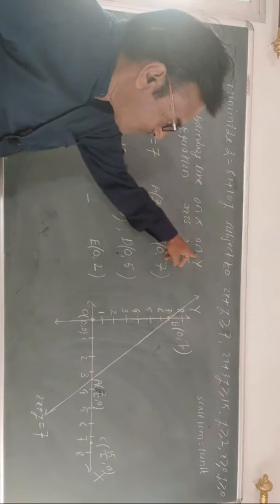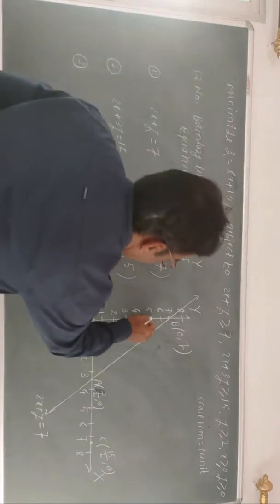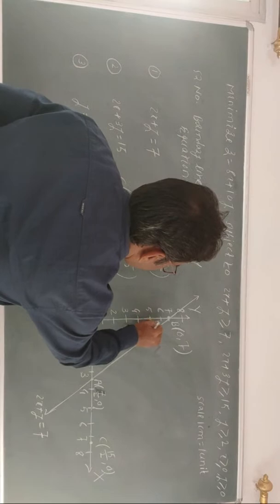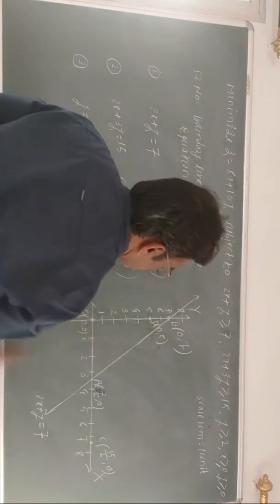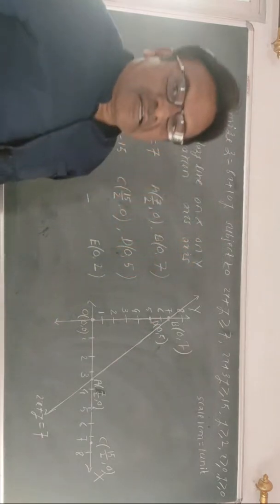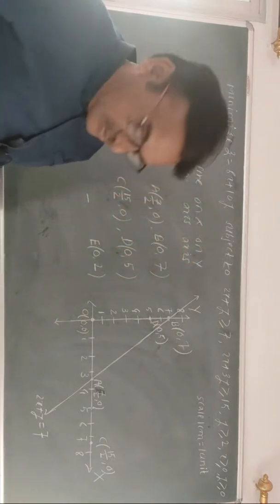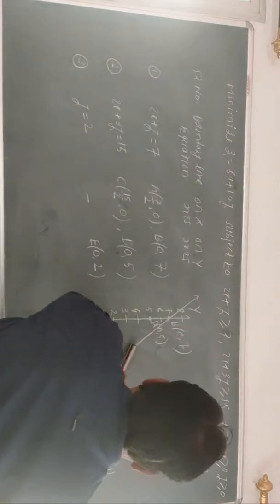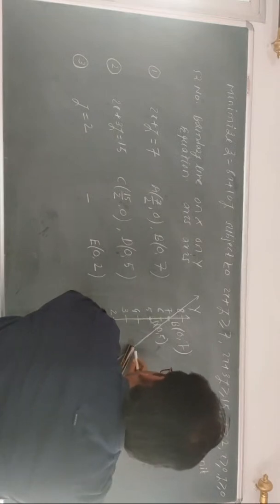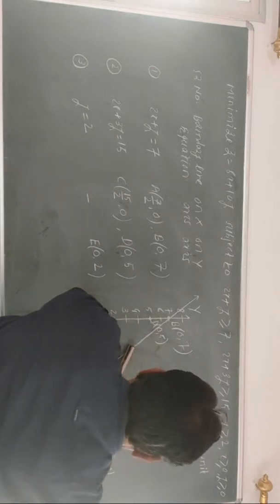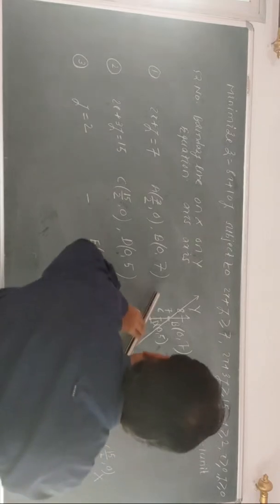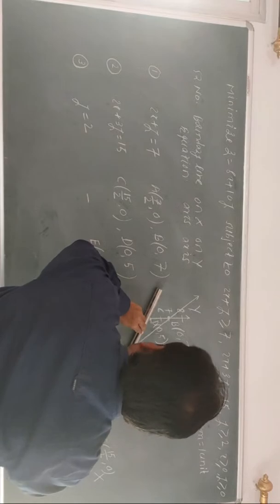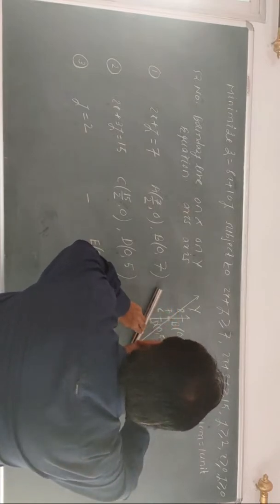This point lies on the y-axis, so we write here D (0, 5). Then we join these 2 points and we get the boundary line CD.